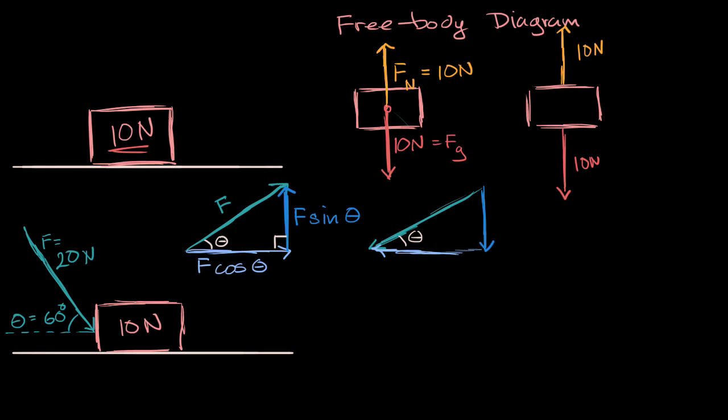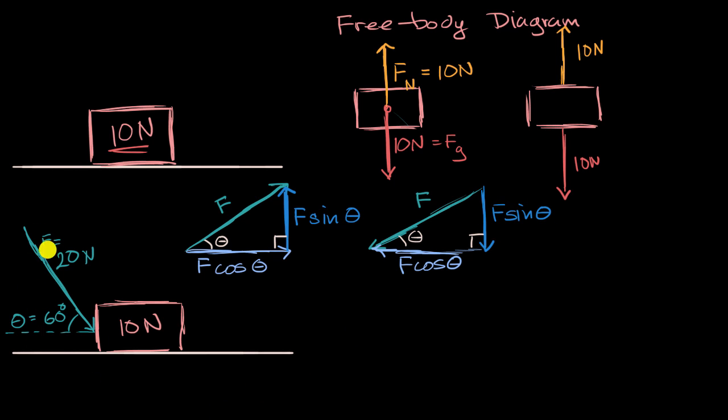It is the same idea. If this force has magnitude F that's represented by the hypotenuse of this triangle, then the magnitude of our horizontal component is still going to be F cosine theta. The vector is just going in the other direction. And the magnitude of our vertical component here is going to be F sine theta.